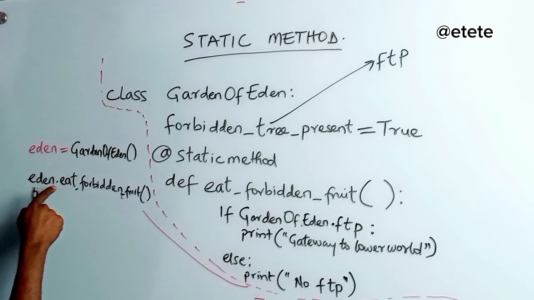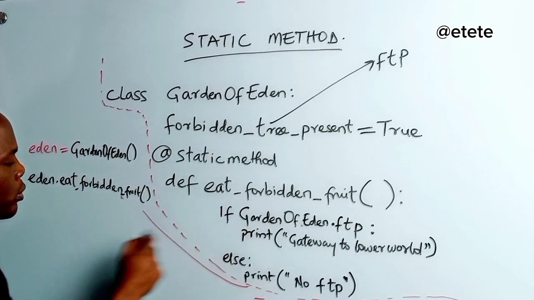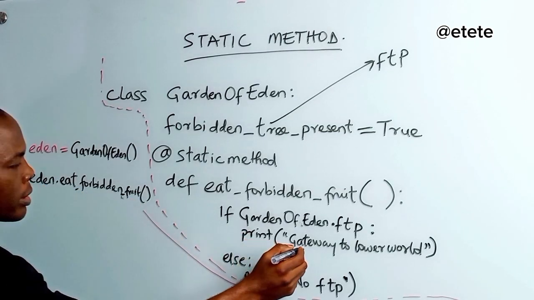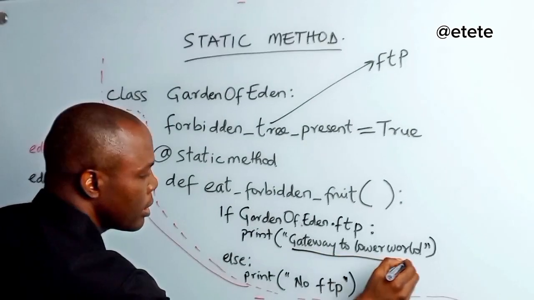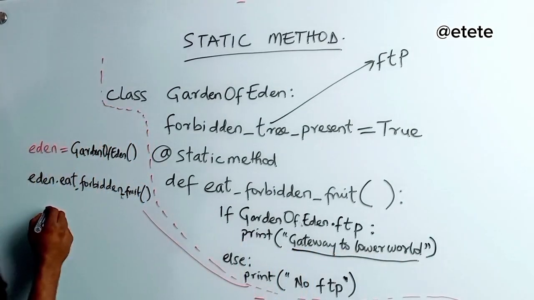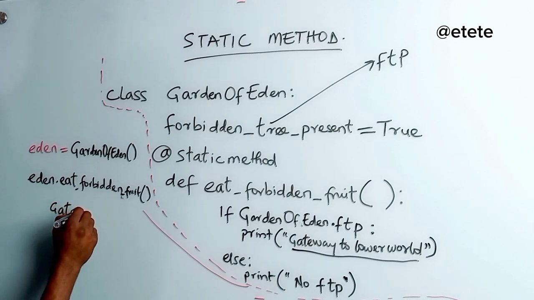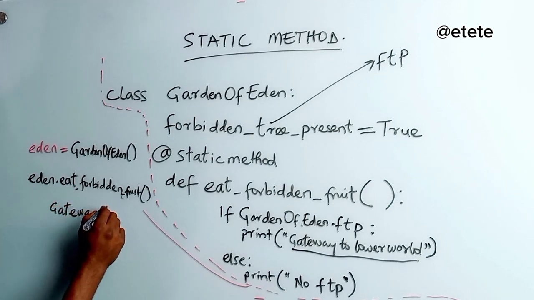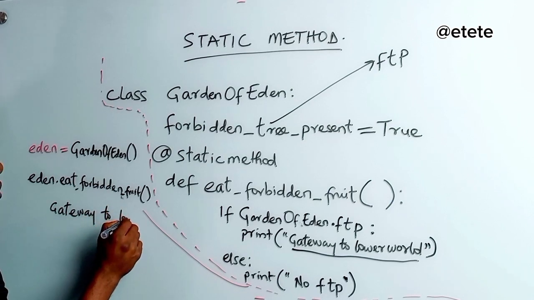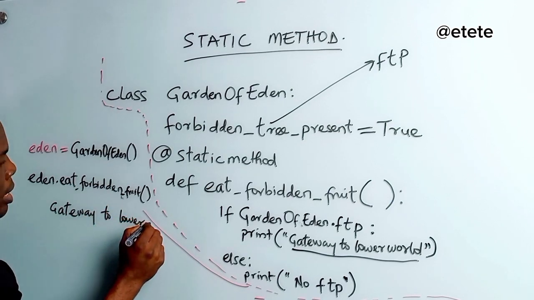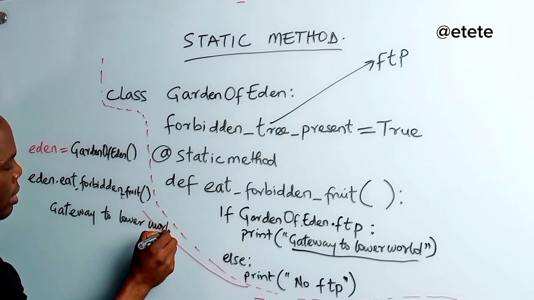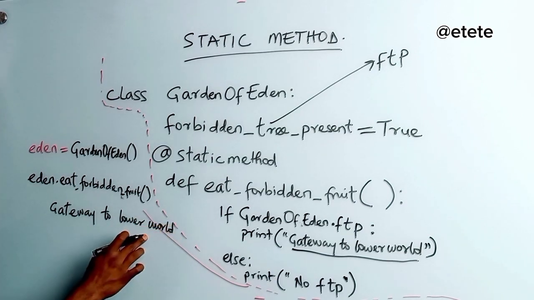So Eden dot eat forbidden fruit will produce this one. It will print out gateway to lower world. That's what it will print out.